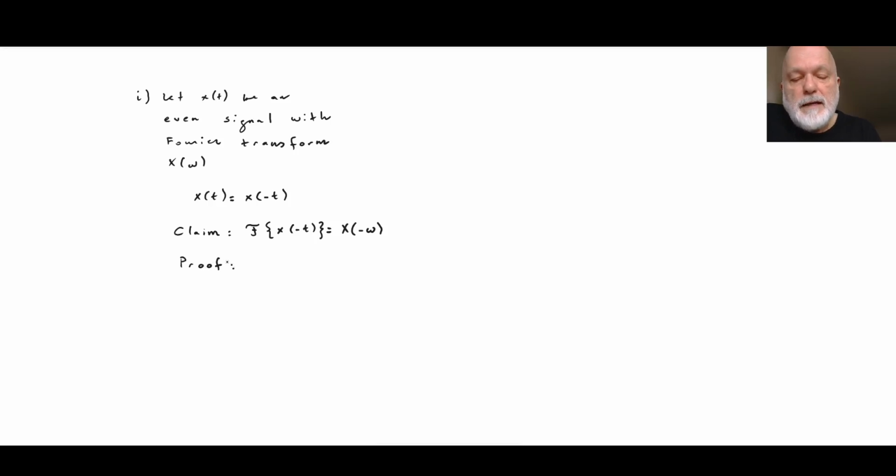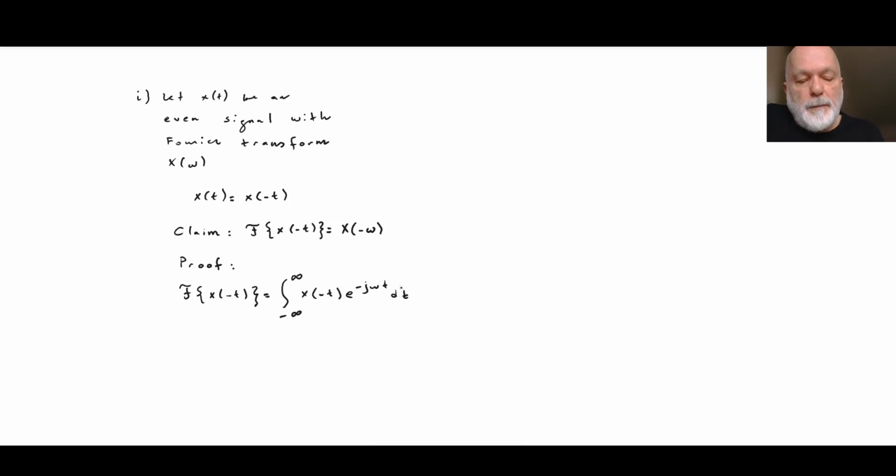claim as follows. Fourier transform of x of minus t is the integral from minus infinity to plus infinity of x of minus t e to the minus j omega t, integrated with respect to t.